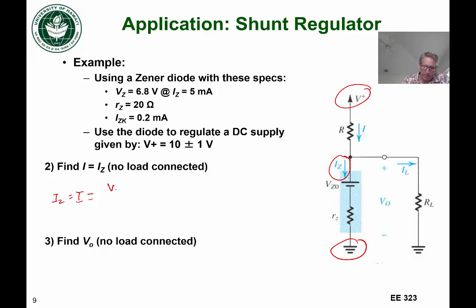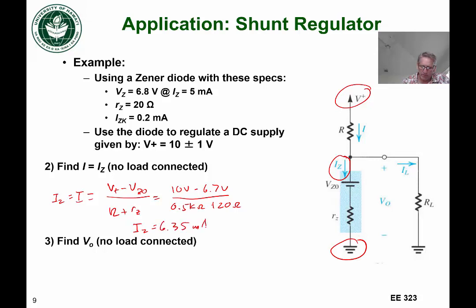So that would become V plus minus VZ0 divided by the resistance, which is R plus RZ. And so that's going to be equal to 10 volts minus 6.7 volts divided by 0.5 k ohms plus 20 ohms.